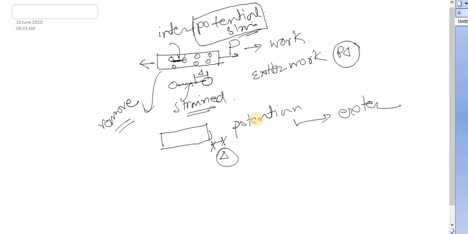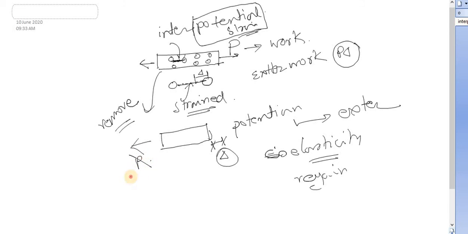So what is elasticity? Elasticity is a property of any material to regain its shape when the load which was applied on it is removed. So this is known as the elasticity of a material.